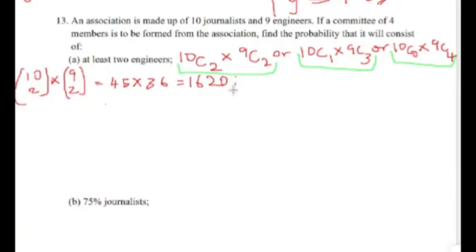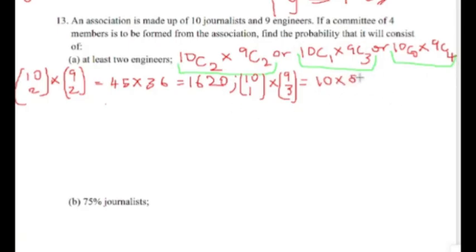Now the next one, let's look at 10 combination 1 times 9 combination 3. 10 combination 1, we get 10. Then 9 combination 3, we get 84.